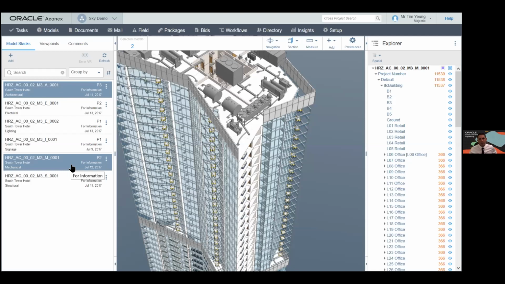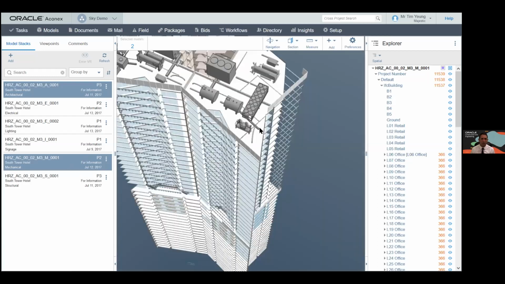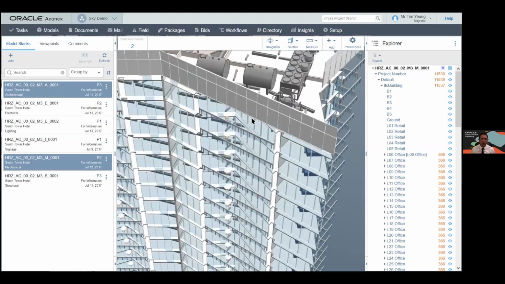So what happens is, when they finish working on the model, they'll upload it into Aconex, and you'll be pleased to know that for Revit, Solibri, and Navisworks, we've got out-of-the-box integration with them. So they will install a plugin onto the Navisworks, Revit, or Solibri, and once they install the plugin, they'll be able to upload the model onto Aconex directly from their tools. So once that is uploaded, you can see the various objects here.